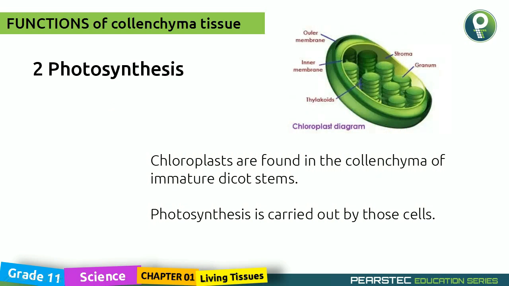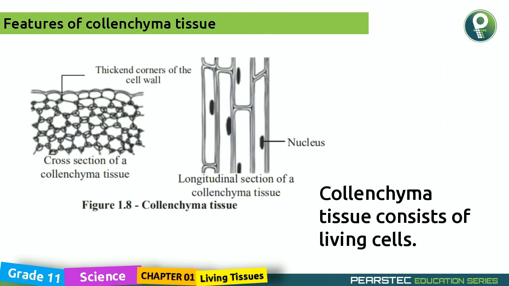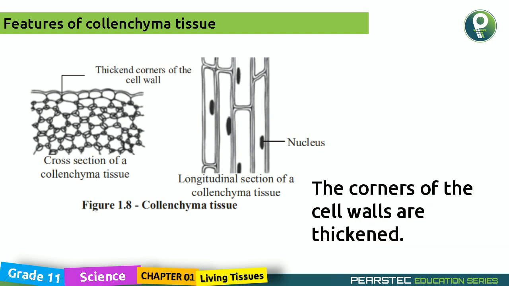Now we came to know about the collenchyma tissue. As a summary, collenchyma gives mechanical support to plants before they get into a wood state. Also, we learned that it consists of living cells, and the corners of the cell walls are thickened.